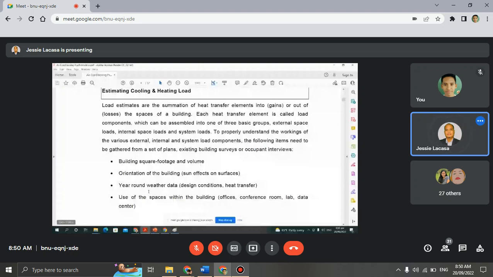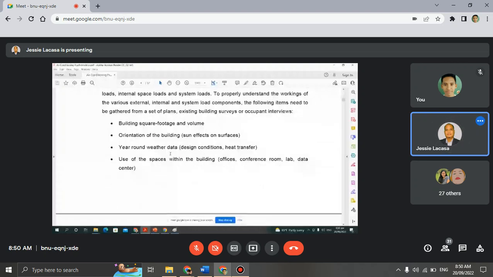So that is one of the design criteria. In a year in Bohol, what is the maximum temperature? But in designing, it is not necessary that you use the maximum temperature, for economic reasons.